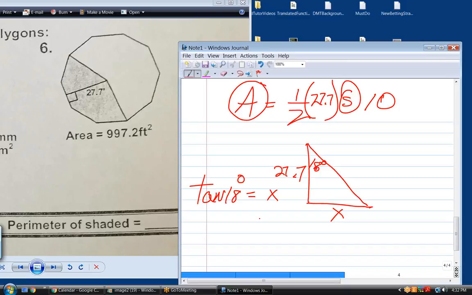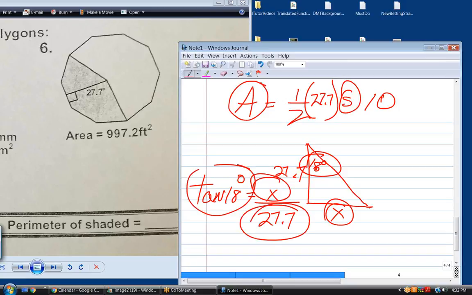Opposite over adjacent. Notice that the opposite to 18 degrees is x. It's SOHCAHTOA. TOA meaning opposite over adjacent. That's going to let us solve for x because that's just a number. We can multiply both sides by 27.7. We can come up with a value for x.